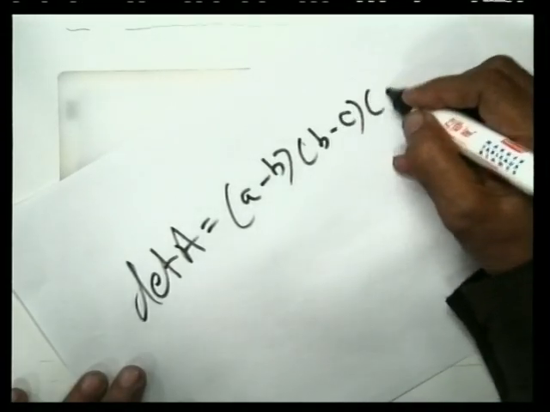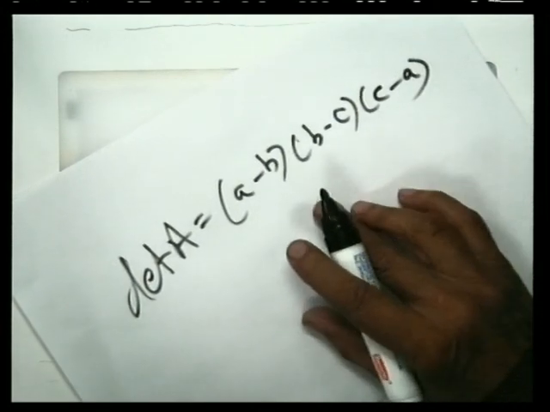And same way, if you take a equal to c, again determinant is 0, so a minus c is a factor. And so determinant A is k times (a minus b)(b minus c)(c minus a), and comparing the equal power, we see that k equals 1, so here the determinant is simply (a minus b)(b minus c)(c minus a).